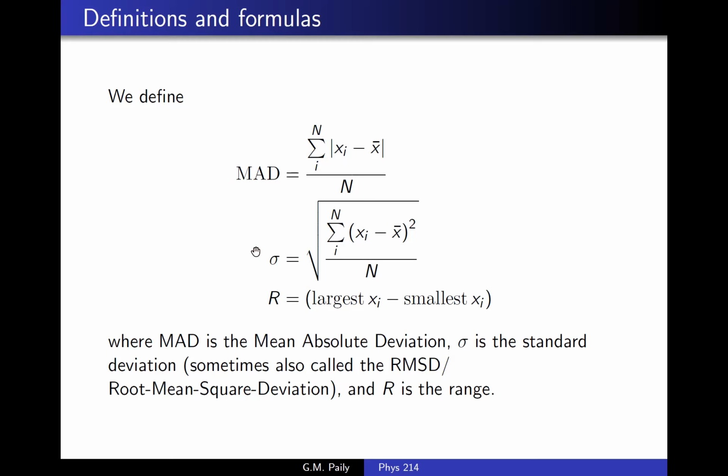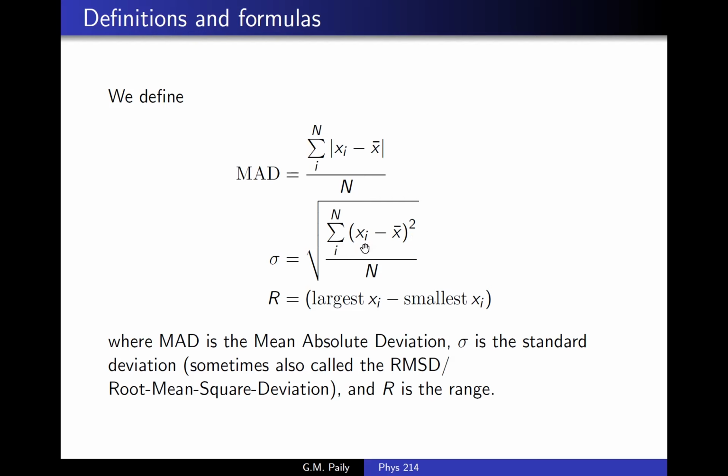The standard deviation, sigma, is another nice and rather naturally occurring thing that again measures how spread your distribution is around the mean. So again, you take the deviation, but this time you square it, right? So that way you don't have to worry about the minus signs.